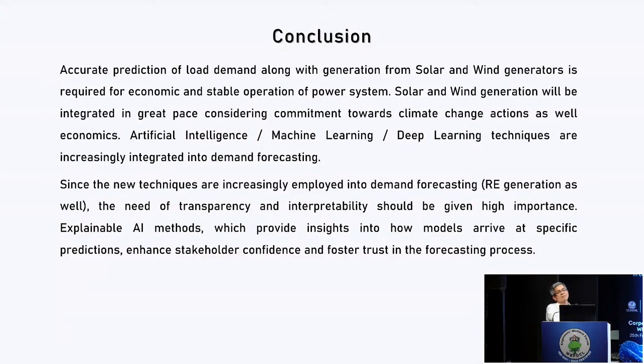And there are challenges, like one is cost. We have to have more and more data, and that means cost. We need to get data from meteorological departments. Now there are websites also. We can purchase data.